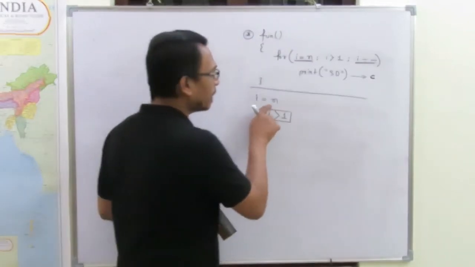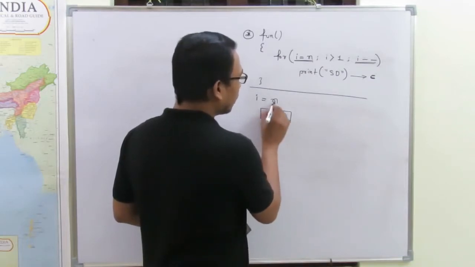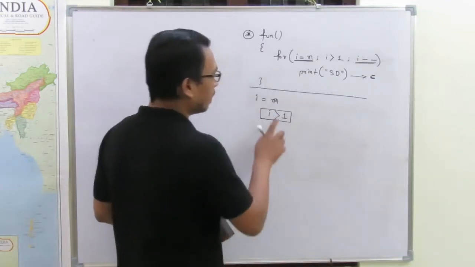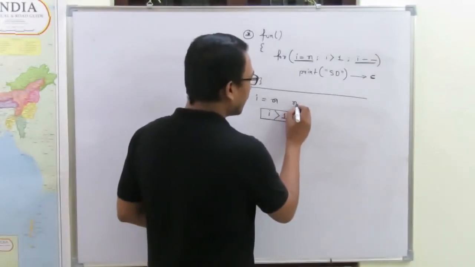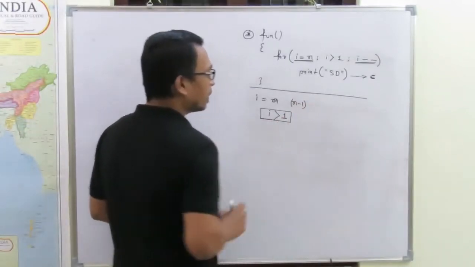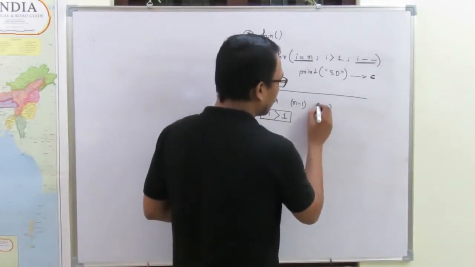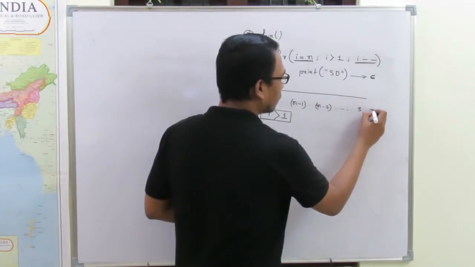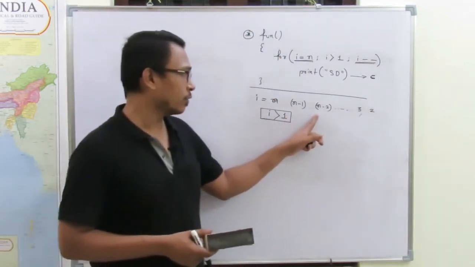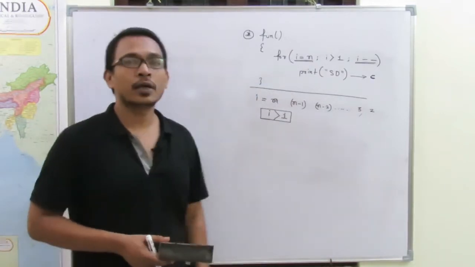That means what will be the value of I in each iteration? In the first iteration the value of I will be n, and then in the next iteration it will be n minus 1, then n minus 2, and like that it will continue till 3, then 2. These are the values of I for which this loop will execute.